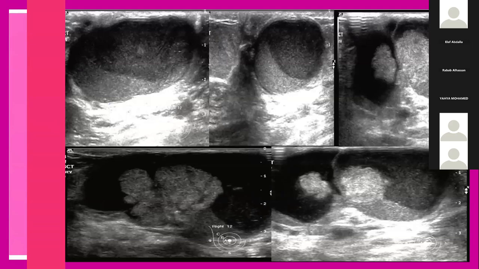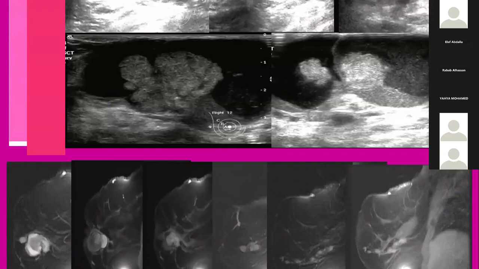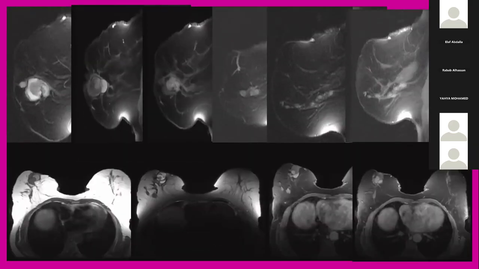Can you see the breast MRI? It was a large complex, soft cystic mass with a soft tissue component. Can you see the soft tissue component, even lobulated, and even the cystic component is of higher density, not even a clear cyst.